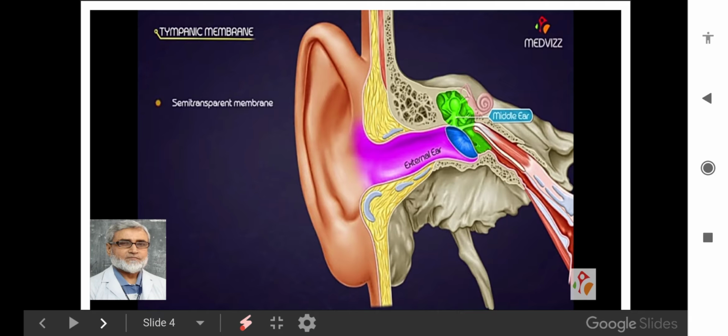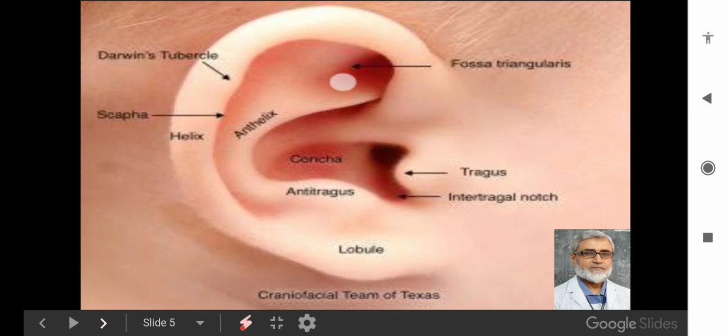So just see regarding the pinna. This is the pinna here, and you can see its different parts. See this depression.